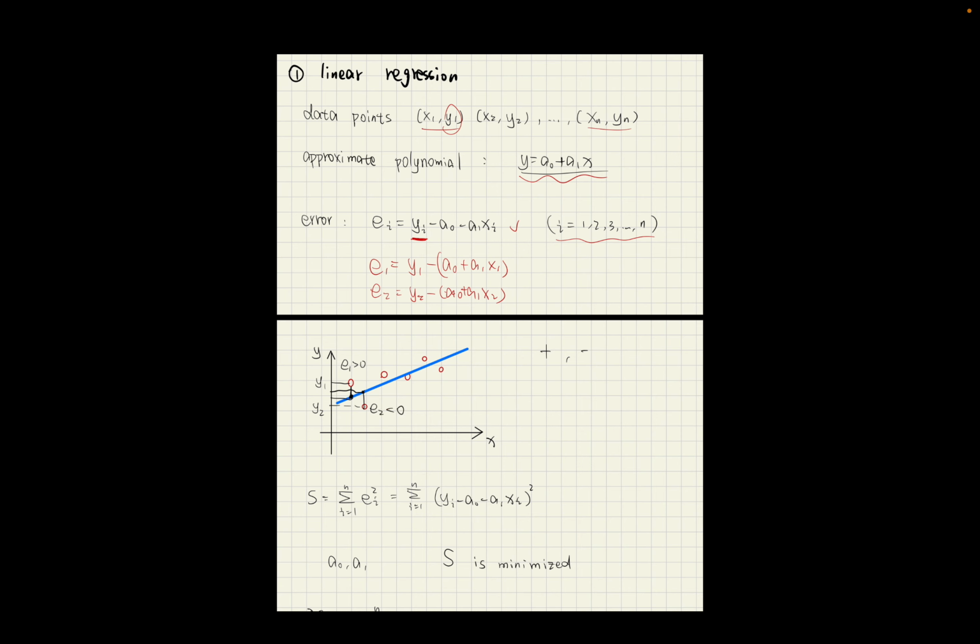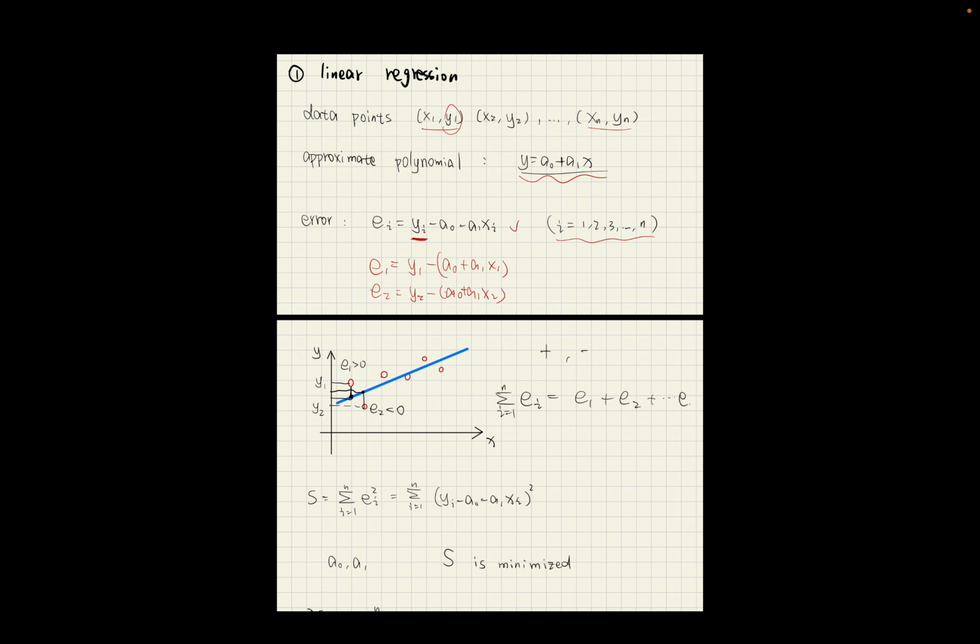So if we want to know the total error, you would probably write an equation like this, right? Just sum all the errors together. Then the problem is some of the values like e1 are positive. Some of the values like e2 are negative.